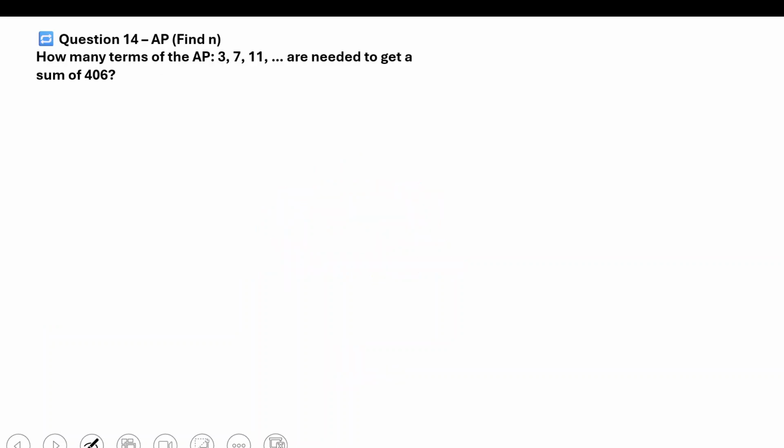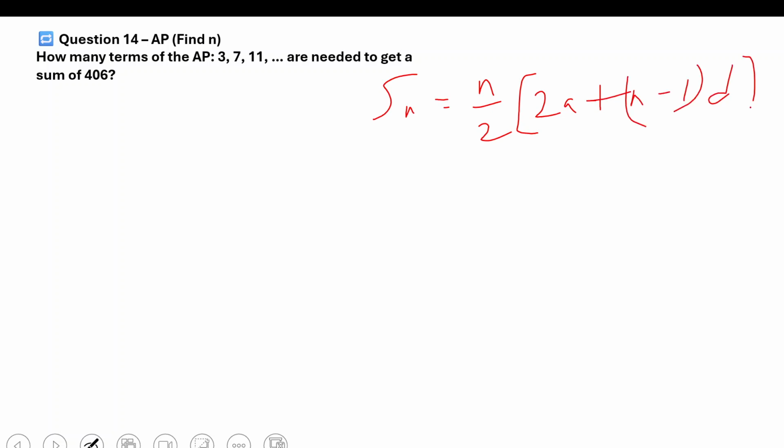How many terms of the AP 3, 7, 11, and so on are needed to get the sum of 406? So we are looking for the number of terms, right? So the sum of terms, Sn, is equal to n over 2, open big brackets, 2a plus (n minus 1), close bracket, d.